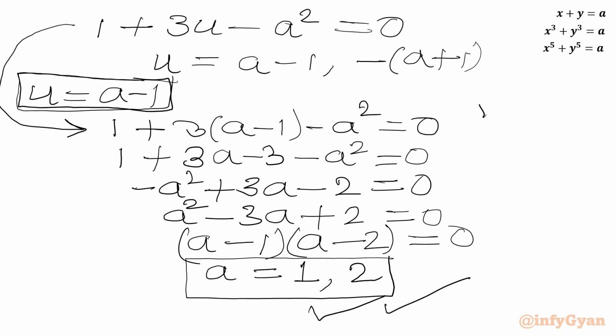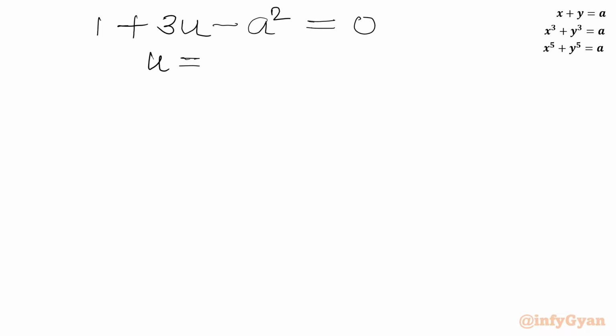Now we are going to consider u equal to minus of a plus 1. Let me write equation 1 plus 3u minus a square equal to 0. This time we are putting u equal to minus of a plus 1.